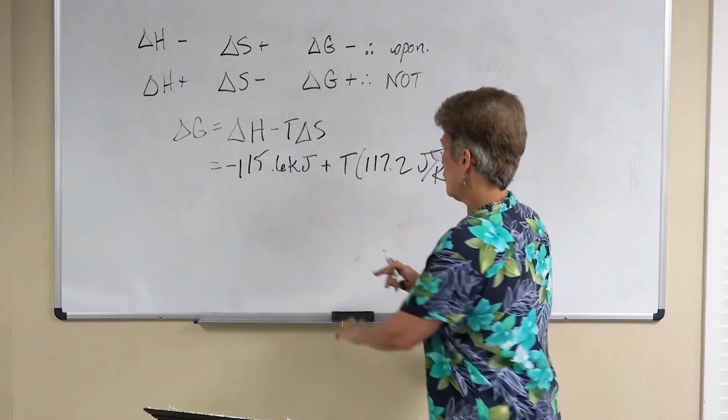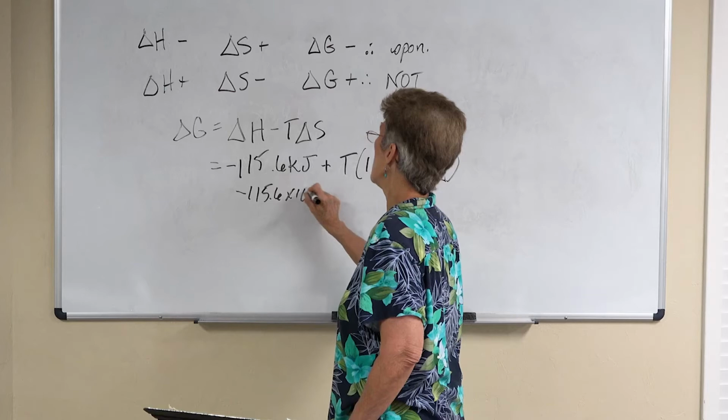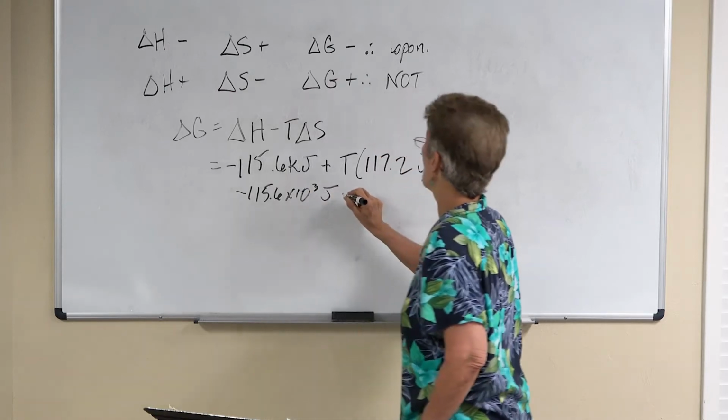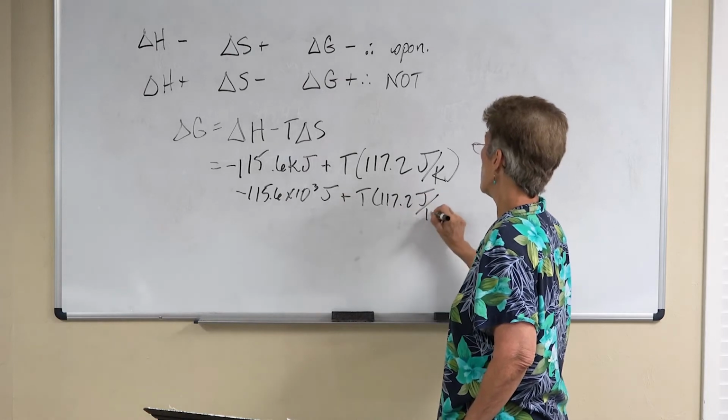So this has to go to joules. So let's make that negative 115.6 times 10 to the third joules plus T times 117.2 joules per Kelvin.